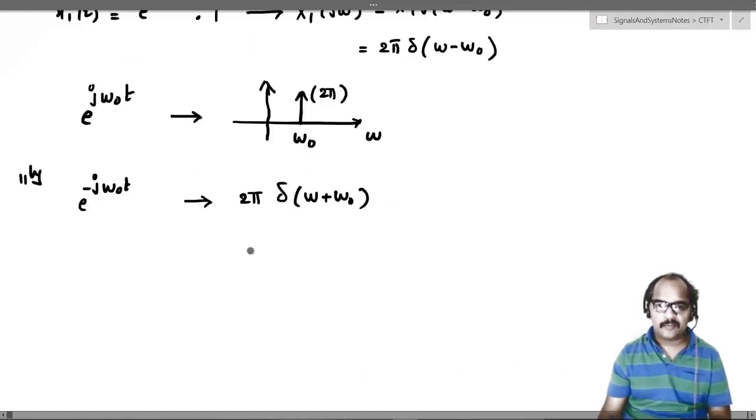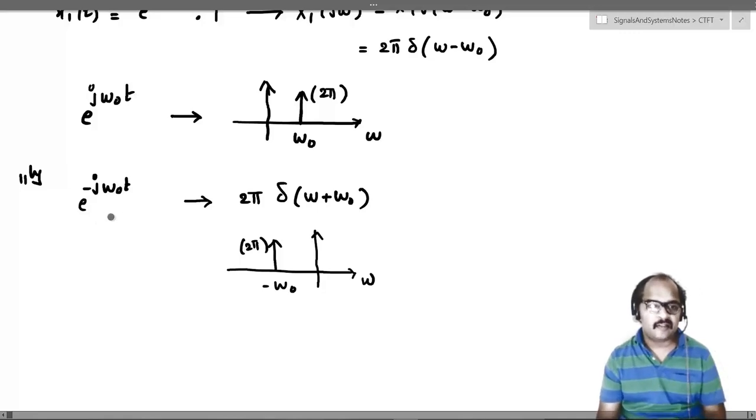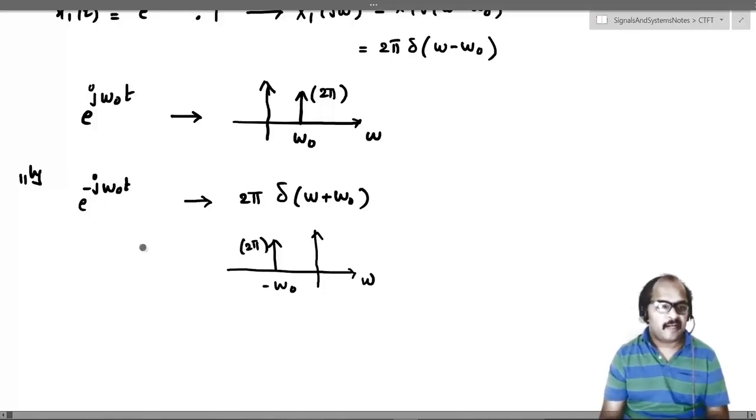And how does the plot look here? The corresponding Fourier transform, I'll draw it like this. What you have to do is shift the Dirac delta function to the left by omega naught units. So you will get minus omega naught with strength 2 pi. That is the Fourier transform of which signal? e power minus j omega naught t.